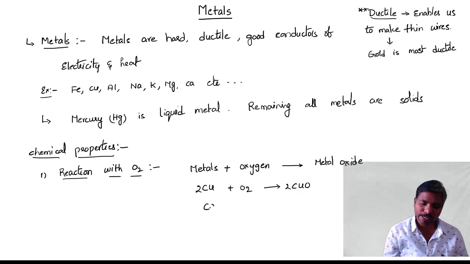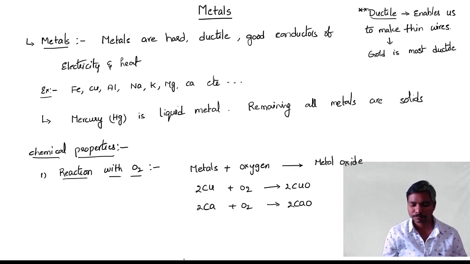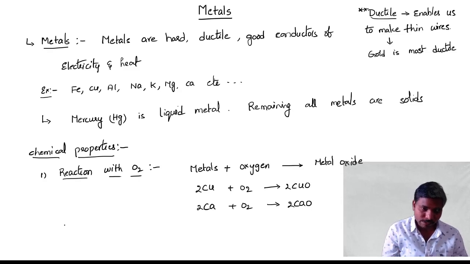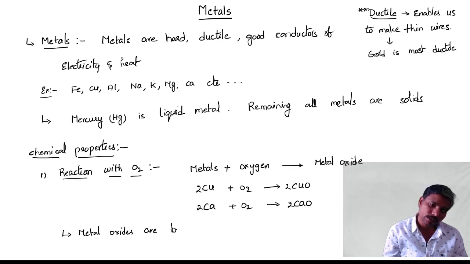For example, if calcium reacts with oxygen, again calcium oxide is formed. So I am taking 2 here. Whenever the metals react with oxygen, metal oxides will be formed. And these metal oxides are always basic in nature. That means they have base properties.